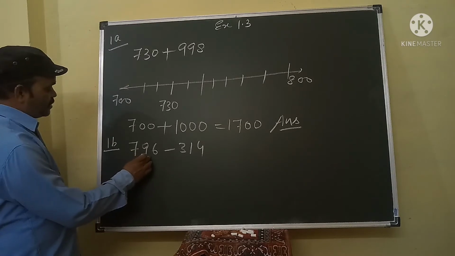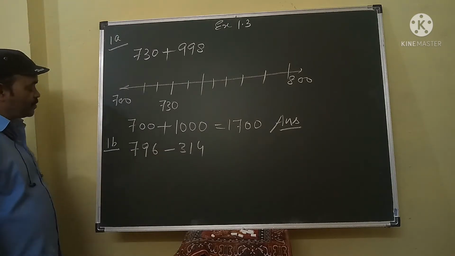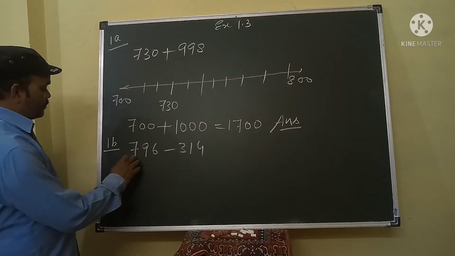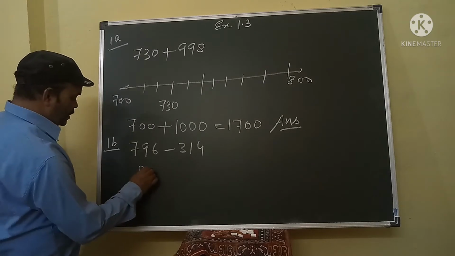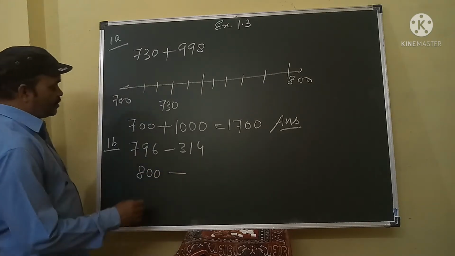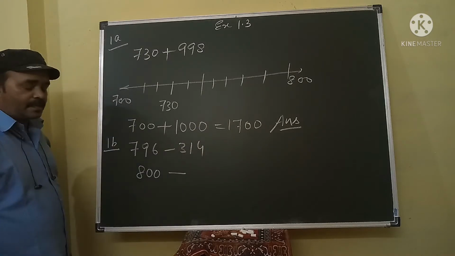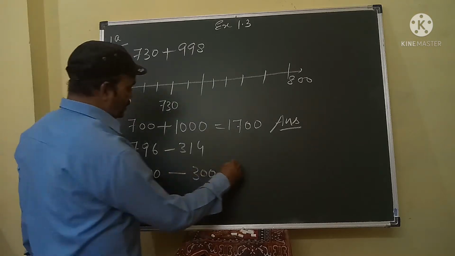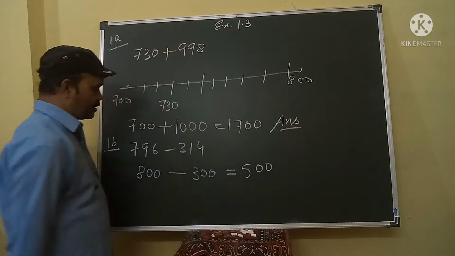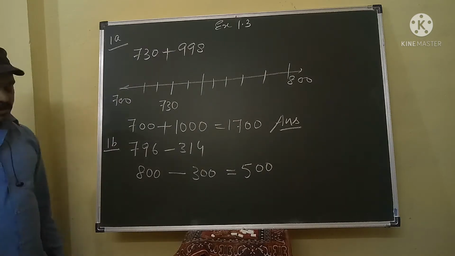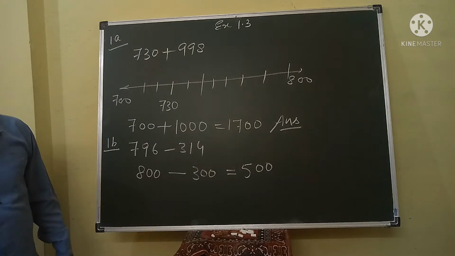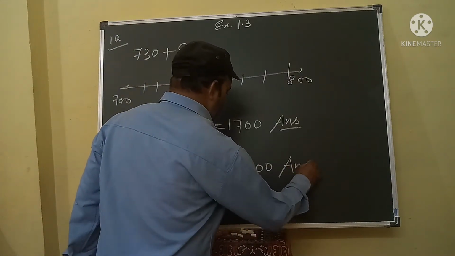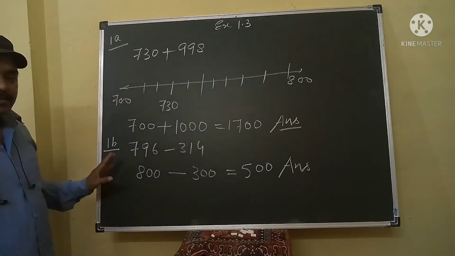So rounding of 796 is 800 minus rounding of 314, which will be 300. After subtraction, you will get 500. This is your required answer for question number 1B.